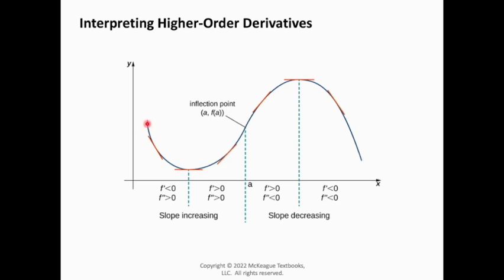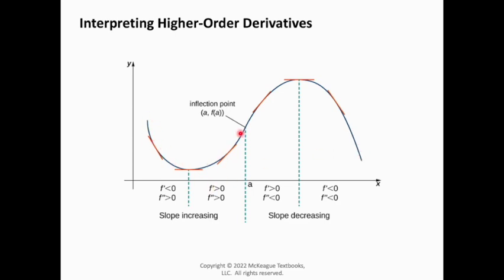So if I go back to the beginning again and I trace this left to right, if I start here and I'm going left to right, from here to here, this is concave up, this whole interval. Then at this point here, it switches from concave up to concave down. This is called your inflection point. This is where it switches to concave down.